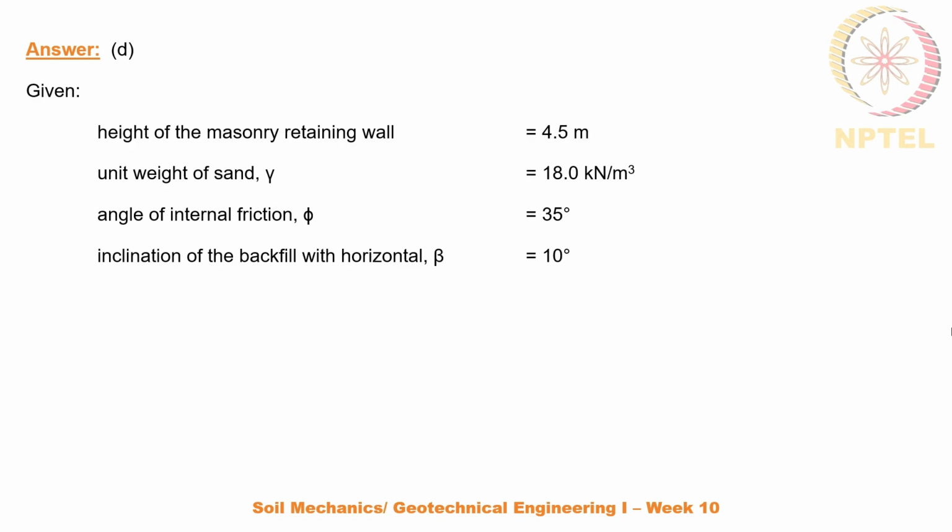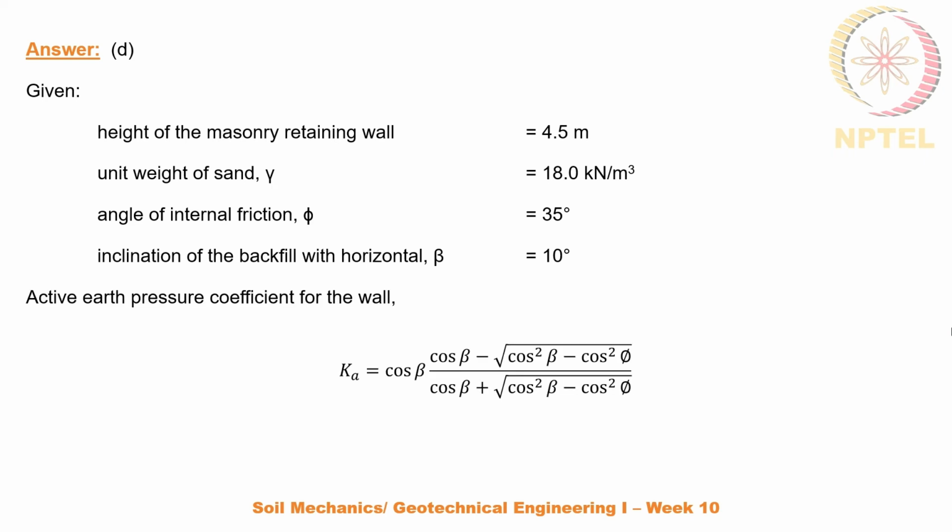So, here we are given the height of the masonry retaining wall as 4.5 meter. The unit weight of sand in the backfill is 18 kilonewton per meter cube. Angle of internal friction phi is 35 degrees. And the inclination of the backfill with horizontal is 10 degrees.